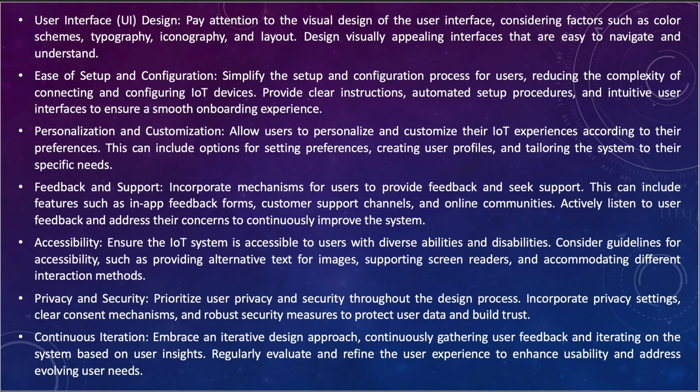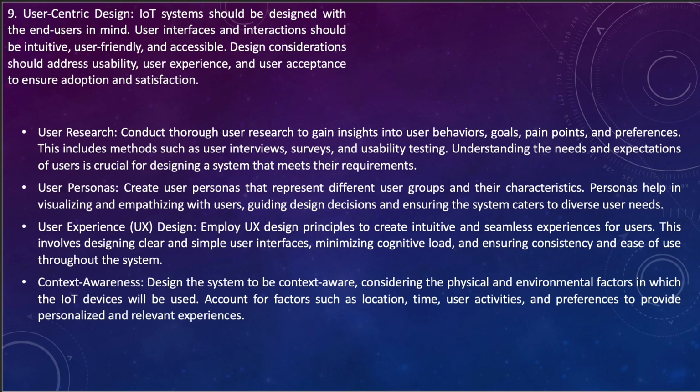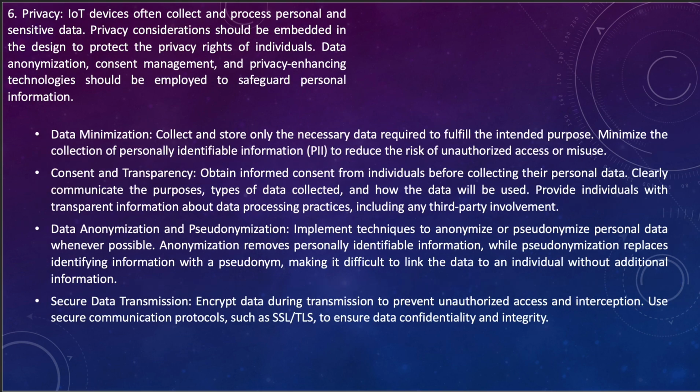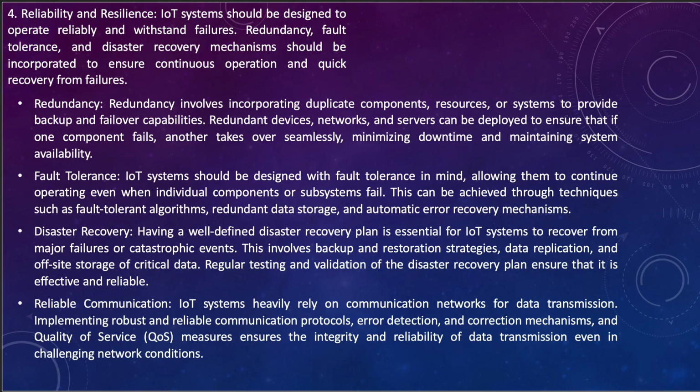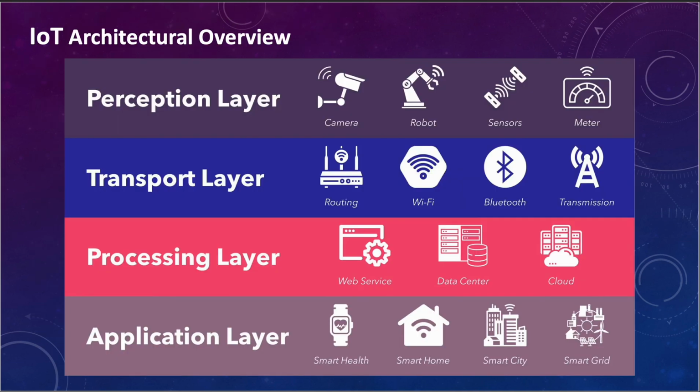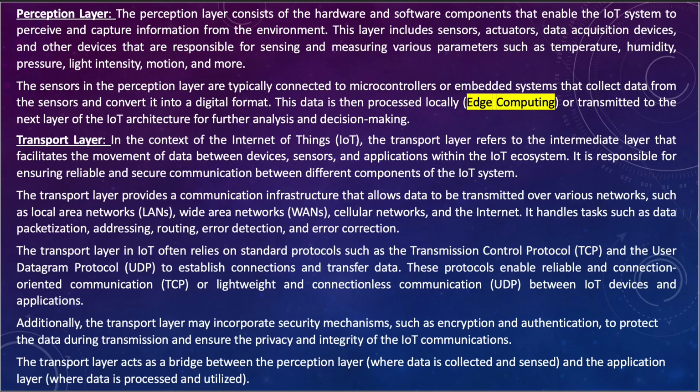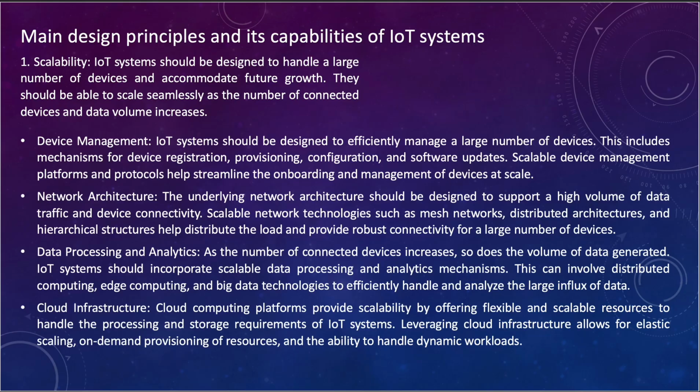This brings us to the end of all the main points of IoT, right? We went through the four layers, right? Then we talked about each and every layer. Then we talked about main design principles and the capabilities of IoT systems. We talked about 9 points.